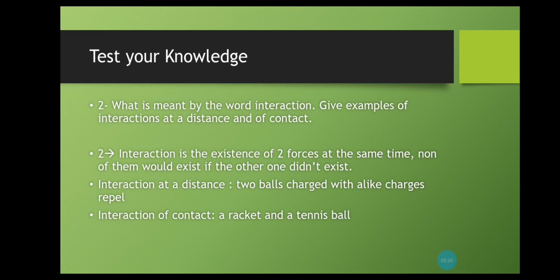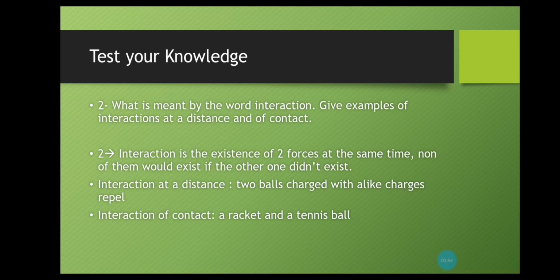Example, I have two balls that are charged with alike charges, and they repel. If you remember from the chapter concerning electrostatics, if I have two balls and they're not touching each other, there's a distance between them, and they have alike charges, they will repel.